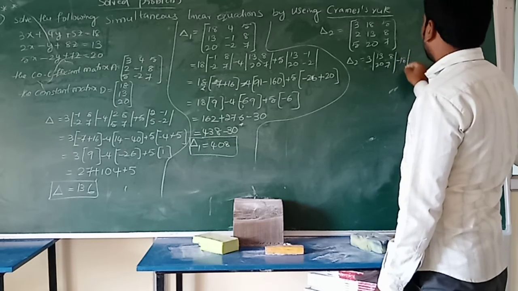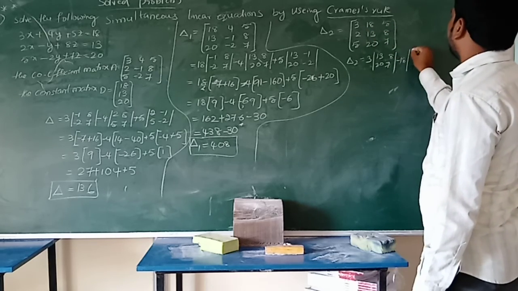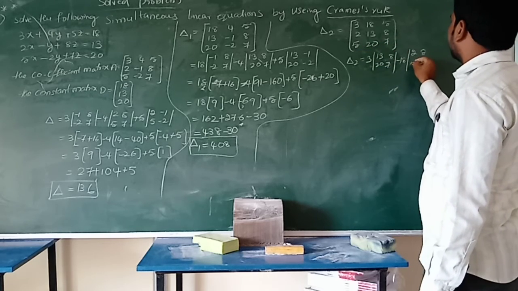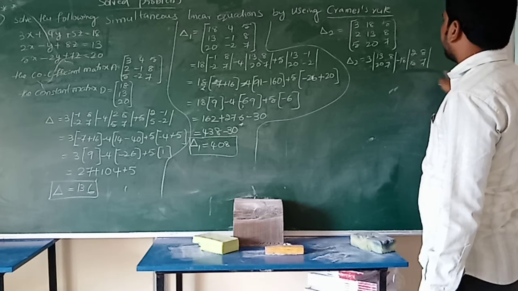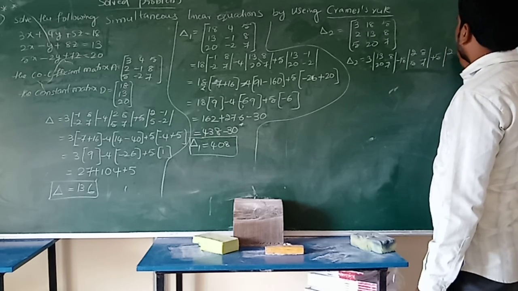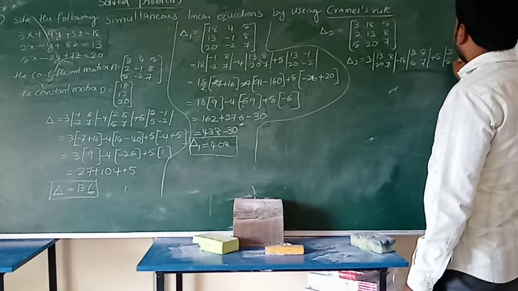Minus 18 into this row and this column, 2, 8, 5, 7. Next one plus 5 into 2, 13, 5, 20.